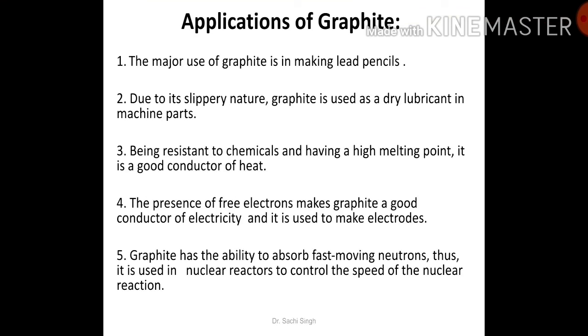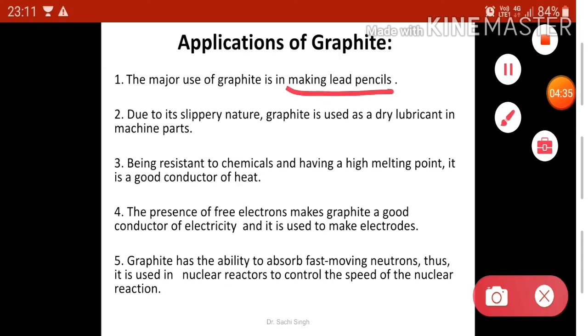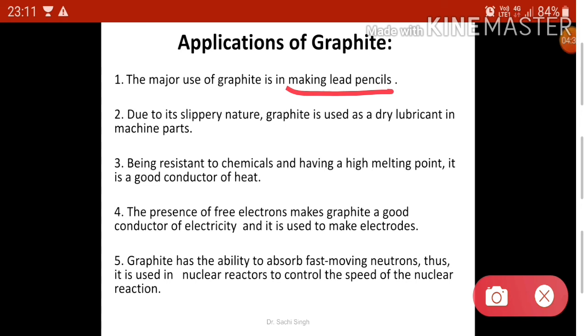Now the applications. Graphite is mainly used in making, the common example, pencils. As graphite is very soft and slippery in nature, it is used as a dry lubricant. Being resistant to chemicals and having a high melting point, it is used as a good conductor of heat.